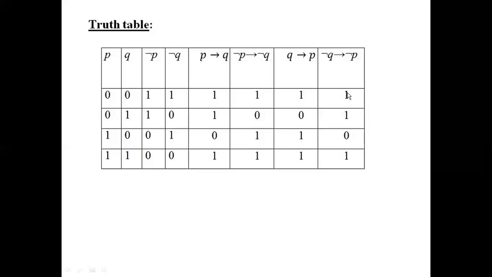Rest all cases it is 1. So that is how we obtain negation Q conditional negation P. Now, Q conditional P gives us the converse, negation P conditional negation Q gives us the inverse, and negation Q conditional negation P gives us the contrapositive.